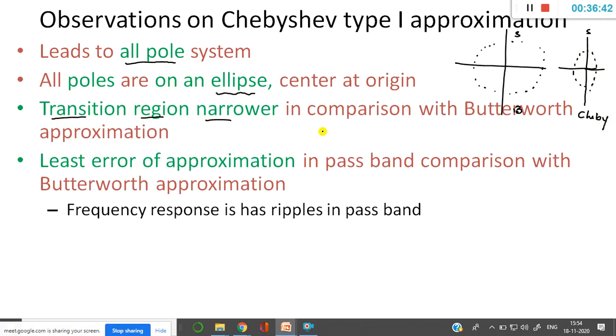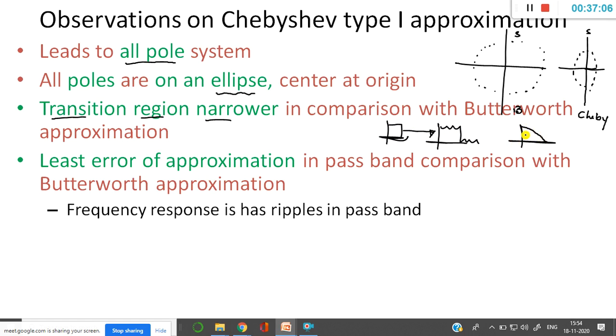Okay, because of this, the transition region is narrower in comparison with the Butterworth approximation method. So I get a sharp edge, and obviously I get this output more ideally. Hence the transition is narrower.